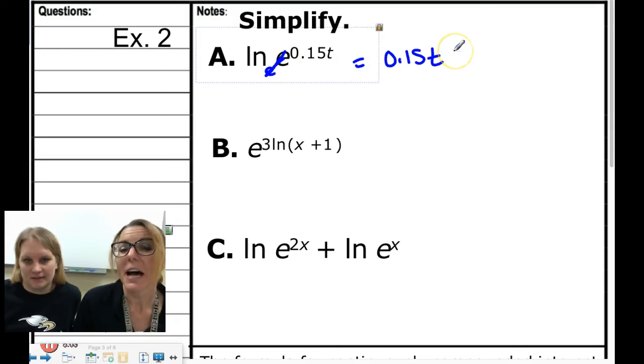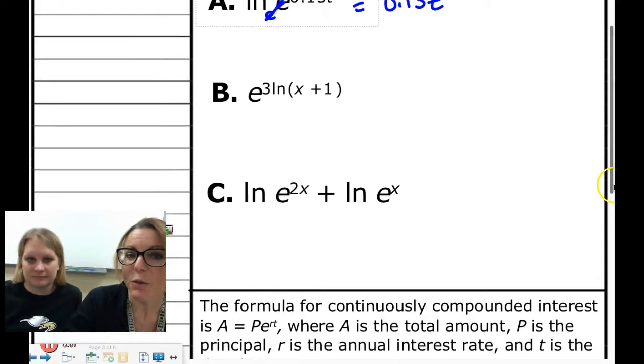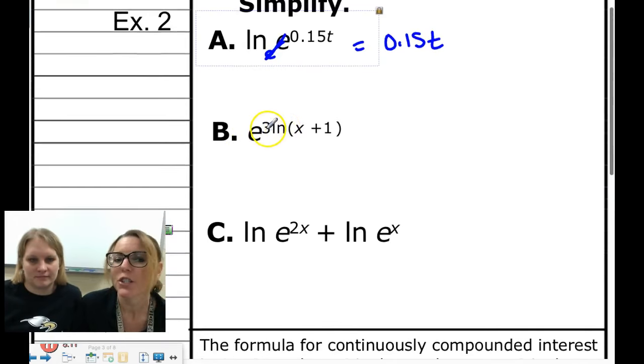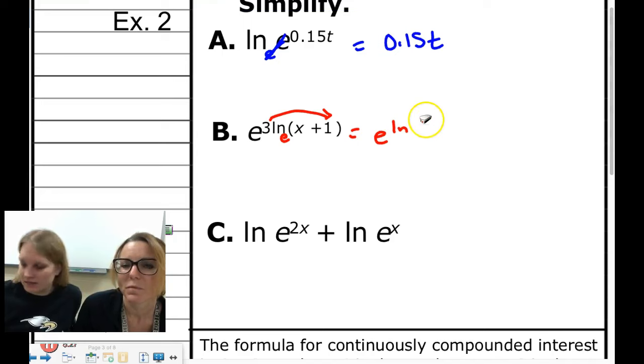Done. All right. Again, on the next one, you see an e, and you have a natural log as an exponent, but there's a number in front of the natural log. So we're going to have to baseball it forward. So now that equals e to the natural log of (x plus 1), and we have to raise the 3, not the x plus 1.